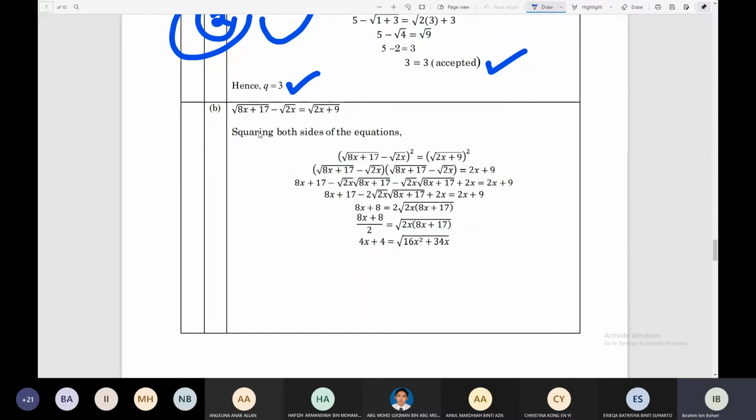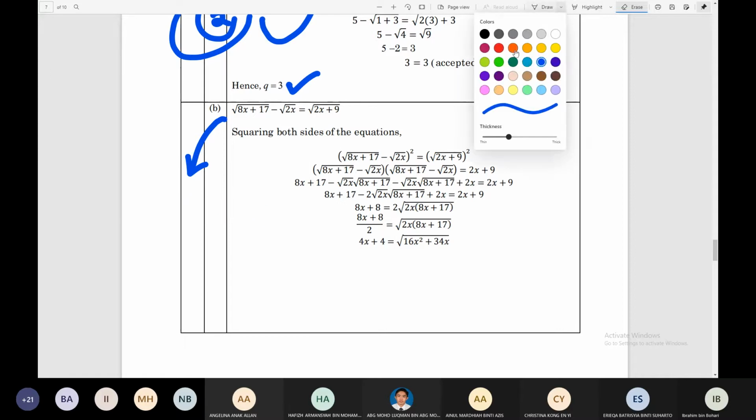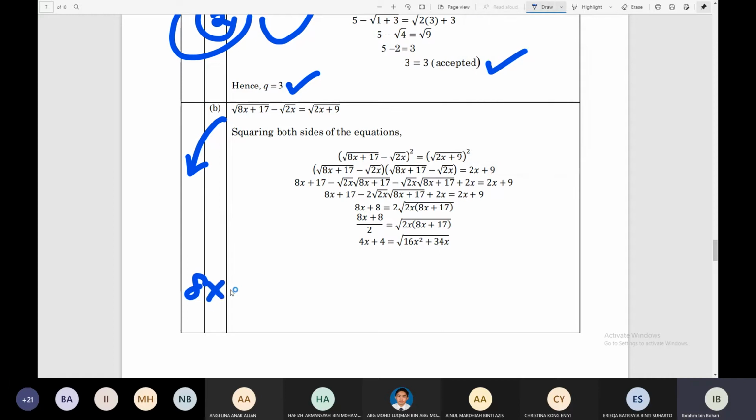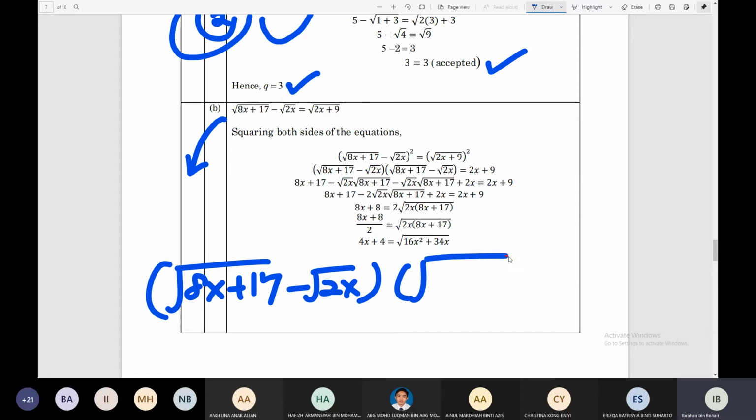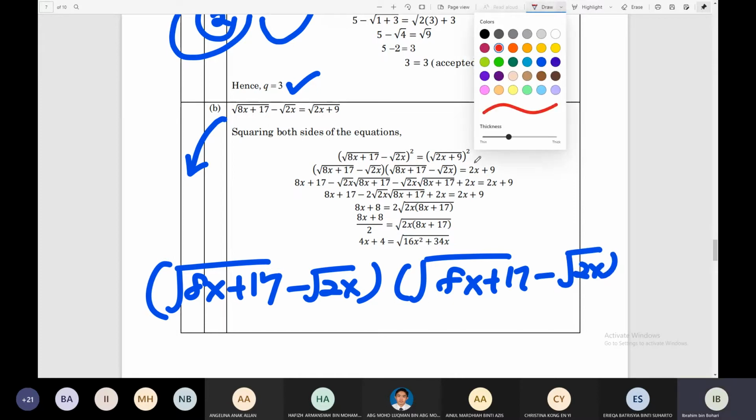Okay, question B, square root of x plus 17 minus square root of 2x equals square root of 2x plus 9. Okay, check the solution first.